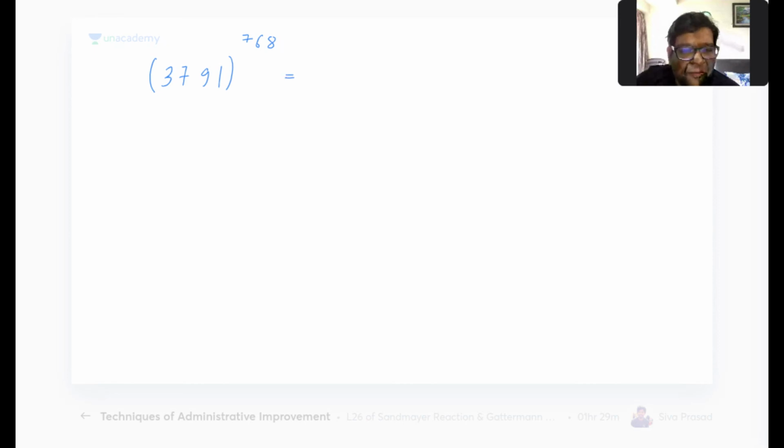Fundamental idea first. Fundamental idea is that for the last two digits in the base, the only thing that matters is the last two digits of the base, 91 to the power of 768. Now, is there anyone who knows what the binomial expansion is? What is a plus b to the power of n?